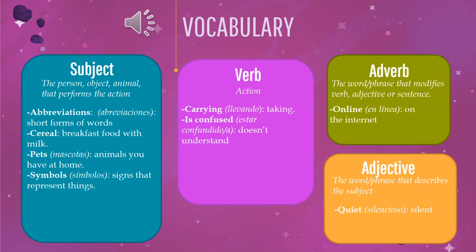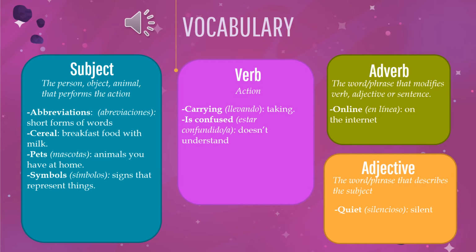Abbreviation. What's abbreviation? Those are short forms of words. The next one, cereal. What's cereal? It's breakfast food with milk, what we usually eat with milk, lo que toman en las mañanas al desayuno.